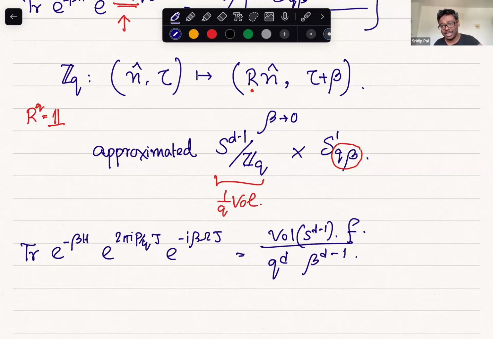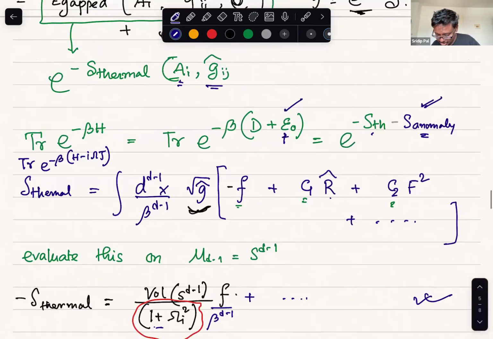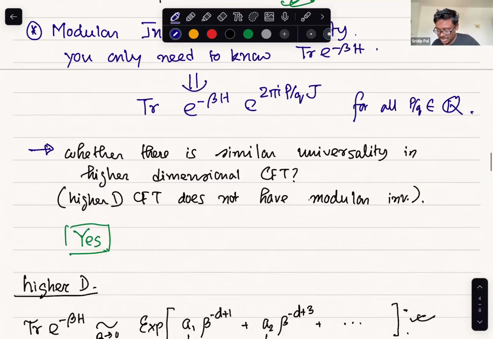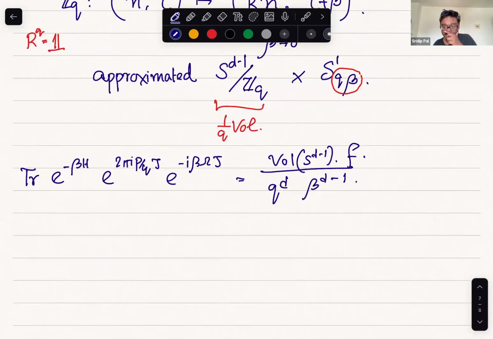So in 2D we had 1 over q squared. This becomes 1 over q to the power d in the leading order.